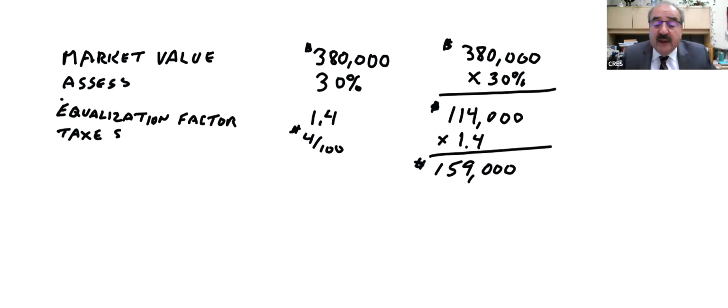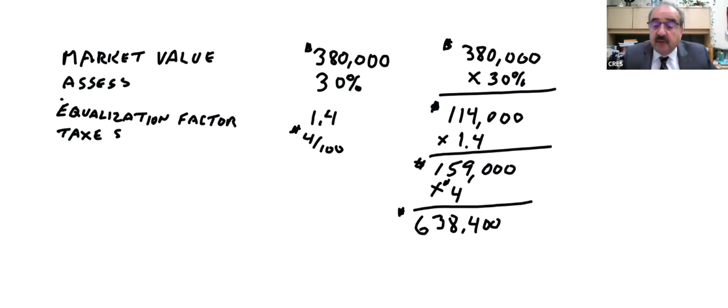So now I need to multiply 159,600 by $4, which is going to give me 638,400.